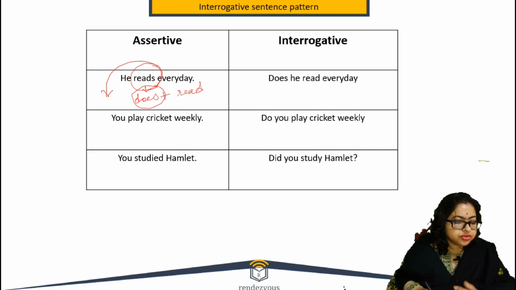He is the subject, and to make this interrogative, the form then becomes, does he read every day?